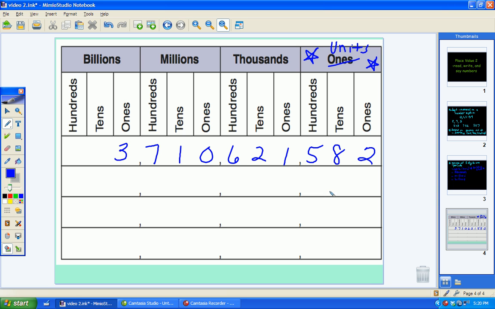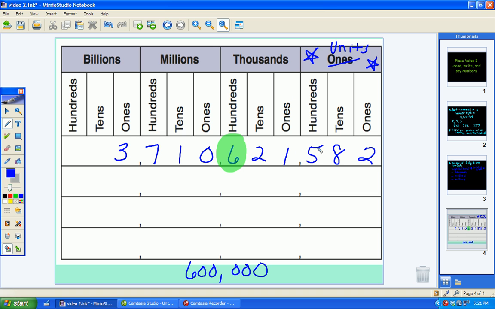So if I asked you what is the value of the 6, you could look at this 6 right here, see that it's in the hundred thousands place, so it has a value of 600,000, which we would write, I'm going to write it down here, 600,000.